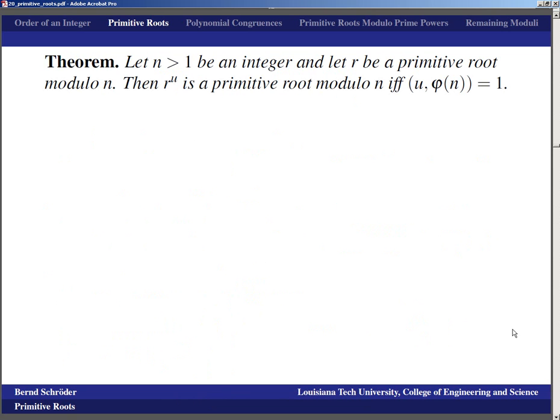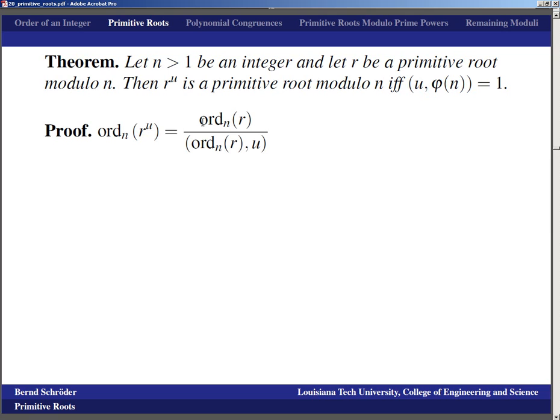And yeah, so what else can we say? Well, we again take an integer and we let r be a primitive root modulo n. Then r to the u is a primitive root modulo n if and only if the greatest common divisor of u and phi of n is 1, and that comes directly from the previous theorem.